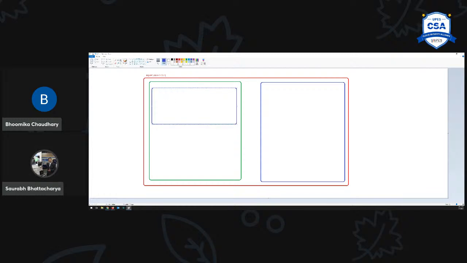The name which I had given for this subnet was pub sub 1, and I had taken an IP range of 10.0.1.0. Because my main network is /16, the first two bits cannot change, hence 10.0 will remain the same for pub sub 1, and I have changed the other two bits, so it is 1.0.